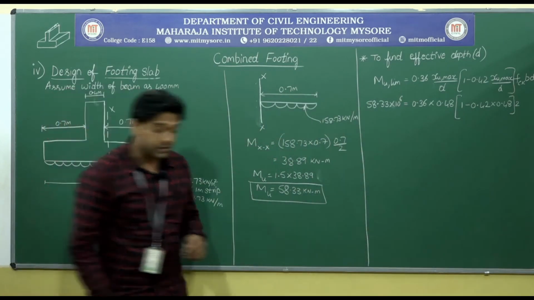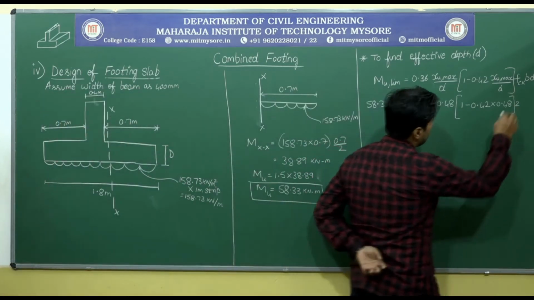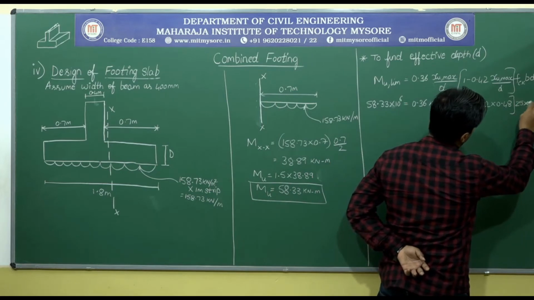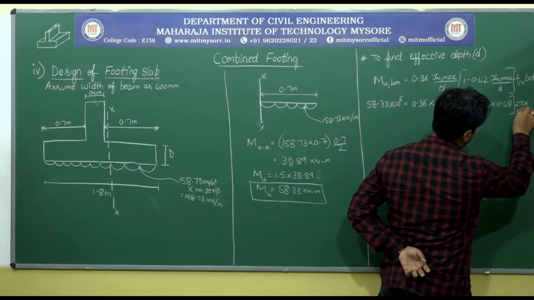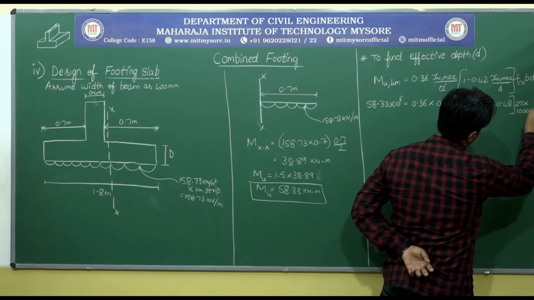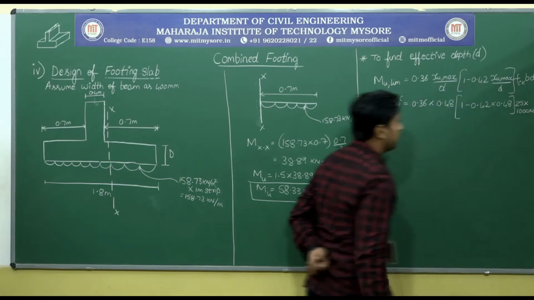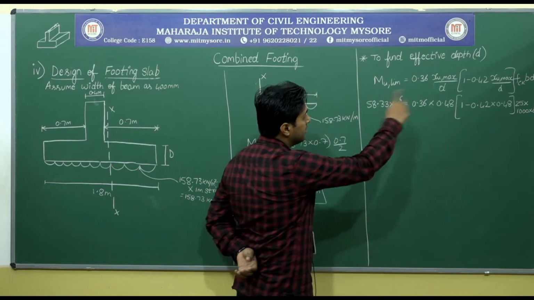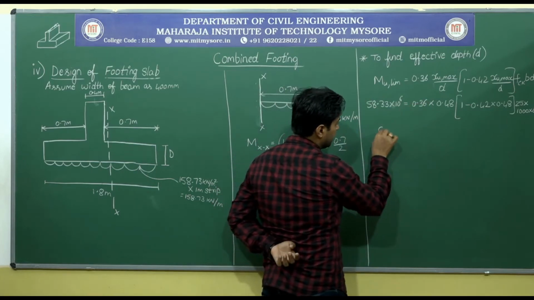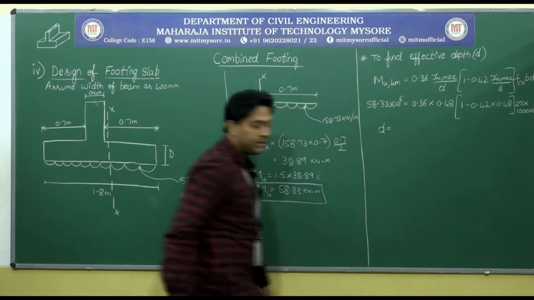So here it is 25, into breadth. As it is a slab, I will be going with 1000, and as I am in need of the effective depth, so I will be writing d square as it is.